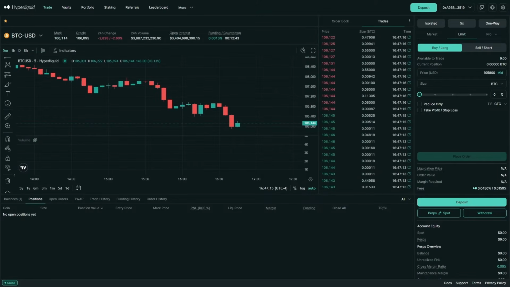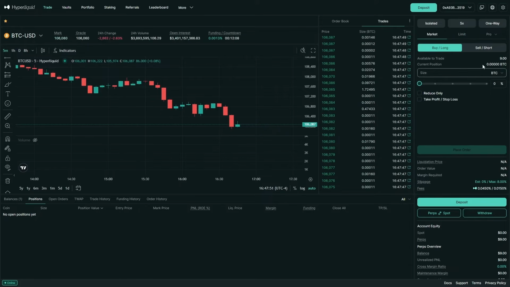Now let's explore the different trading options we have. So with perpetuals, you can either do long or short. All right, but let's look at the different ways we can create these positions. So first is market. All right, so I have 9 USDC. We can either use it in BTC terms or USDC terms. So we're just going to use USD.